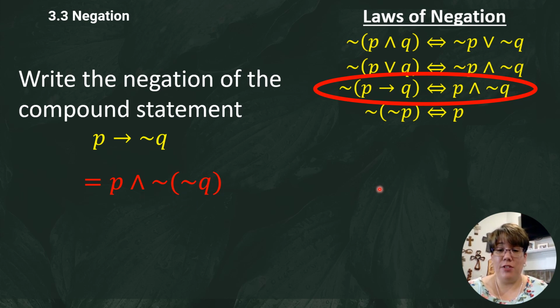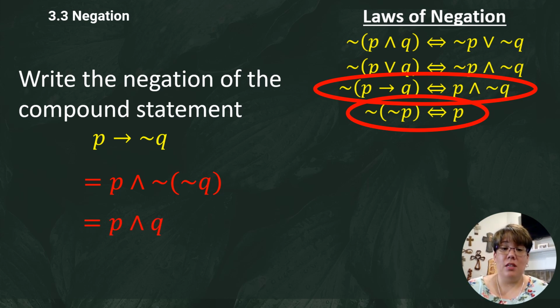Actually we have to apply another rule, which is this second rule right here. Remember, you're negating a not. When you negate the not, you get back the original. So now we have P and Q. This whole thing simplifies to P and Q. So P implies not Q negates to P and Q. Okay, that wasn't too bad.